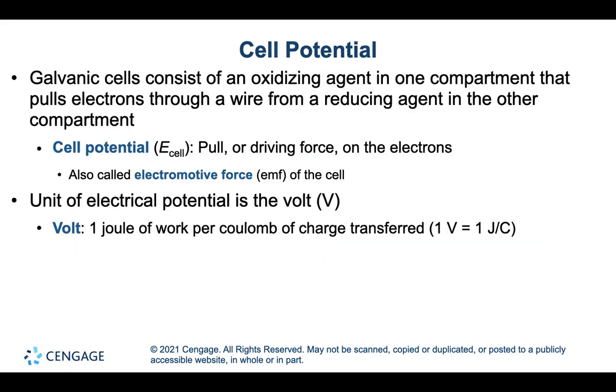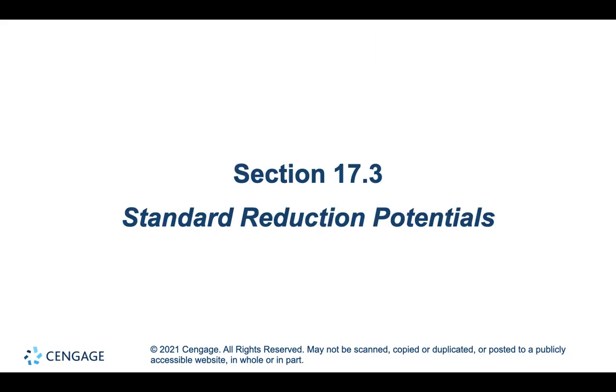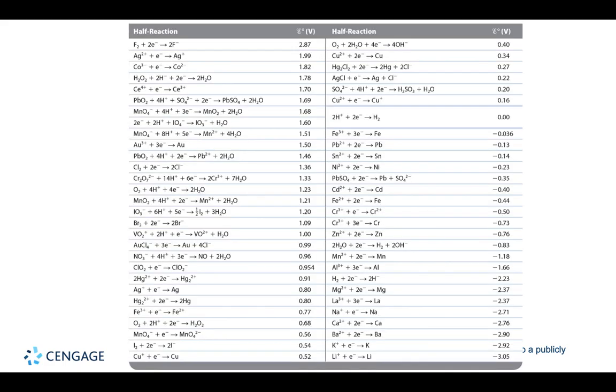So each half cell has a numerical voltage value that's associated with it. And these values are called standard reduction potentials. So we have a chart of the standard reduction potentials that is associated with each chemical reaction, each redox reaction that might be occurring in one of these batteries.